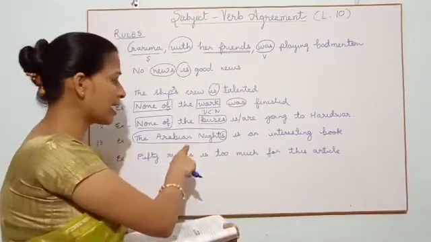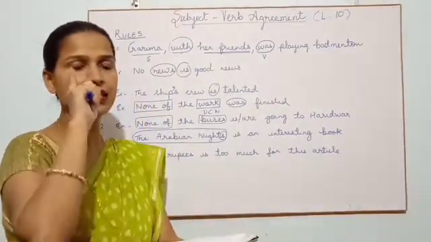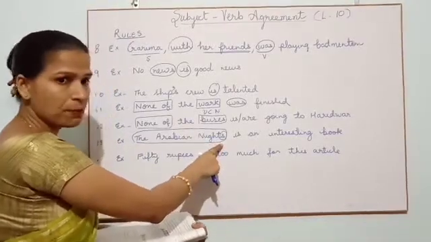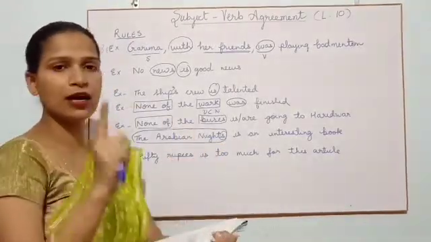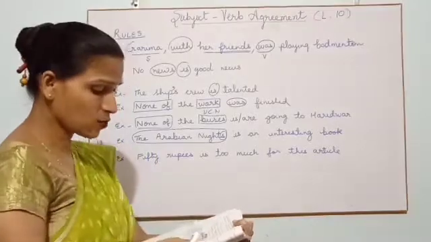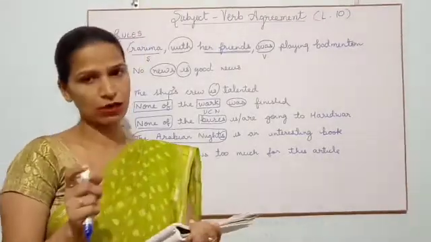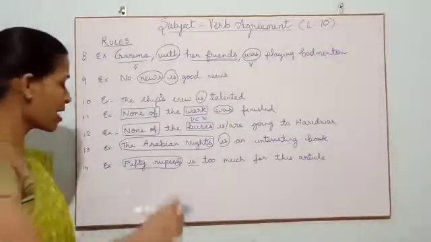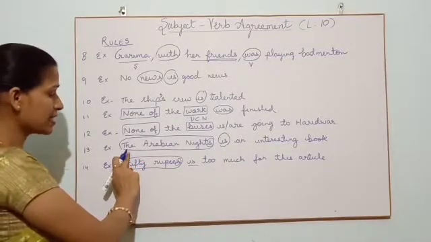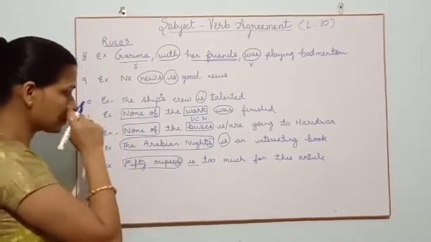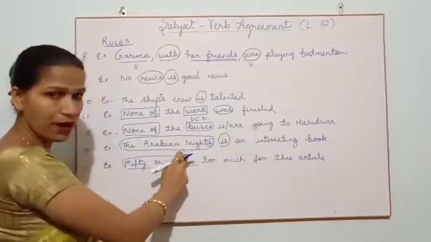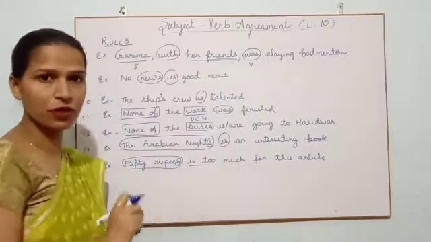It is indicating a single book. Although it is plural, it is indicating a single book. That is why in that case the verb is singular. So we can see that the plural noun is indicating a single object. That is why we have taken a singular verb with it.